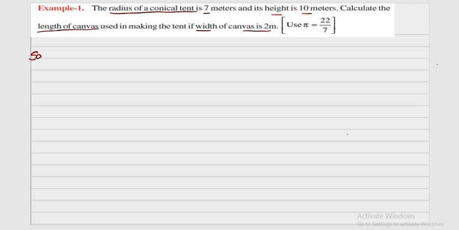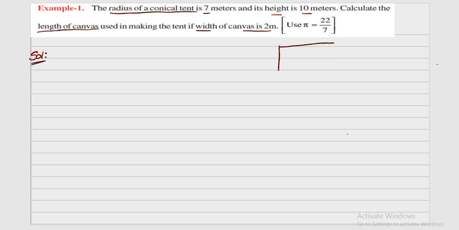So what are we going to get in this particular problem? Now let us see, whenever you go to the market, if you want to purchase a conical tent, we need the cloth, but the cloth that is available in the market will be in the shape of a rectangle.